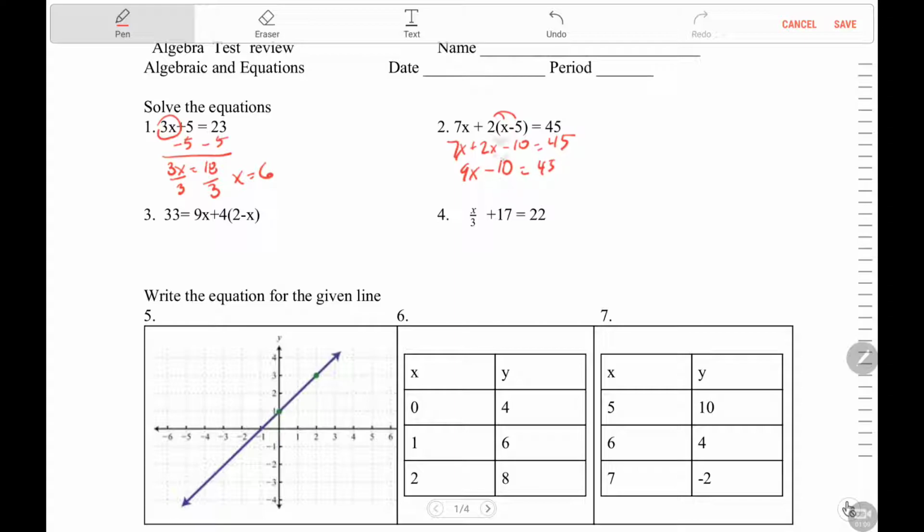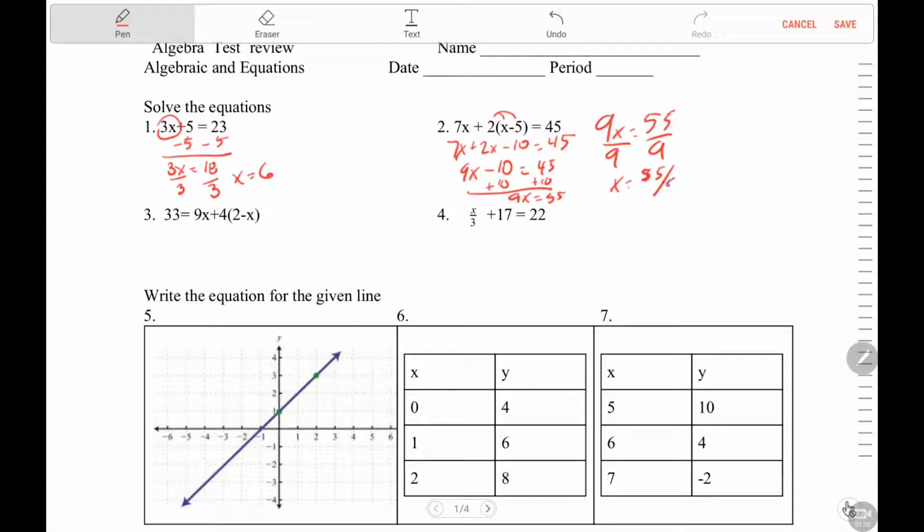We're going to have to add the 10 to either side. So 9x equals 55. And this should have been a little bit better here. But divide by 9. You can say x equals 55 over 9.